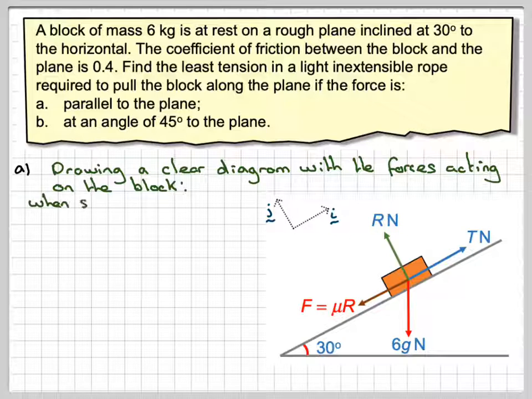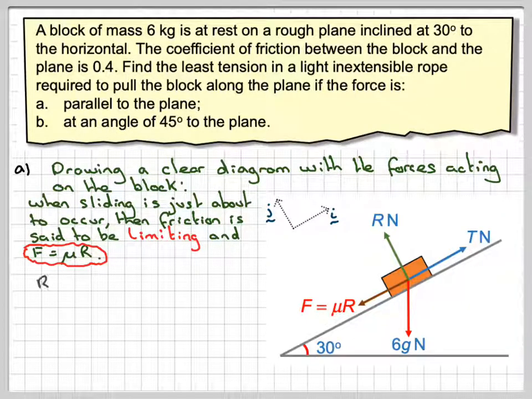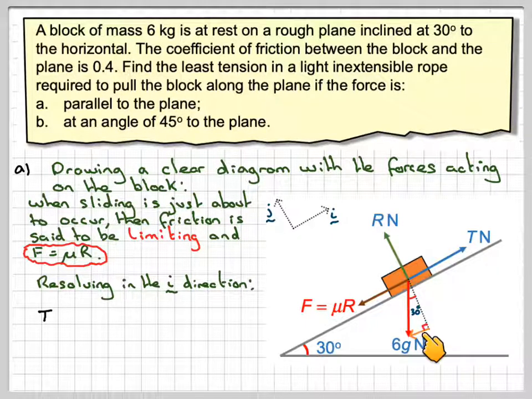When sliding is just about to occur, the friction is said to be limiting, and F will be equal to mu R. So if we resolve in the i direction, we've got T, the tension in the rope, and in the opposite direction we've got the weight component acting against the tension.